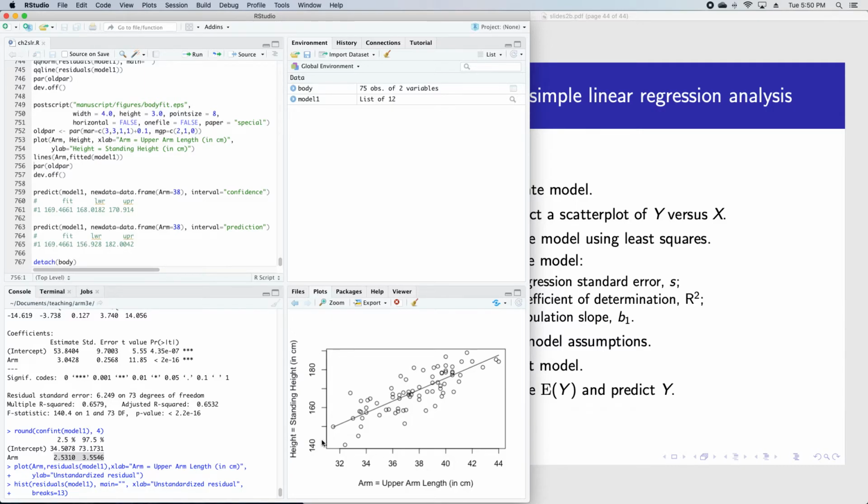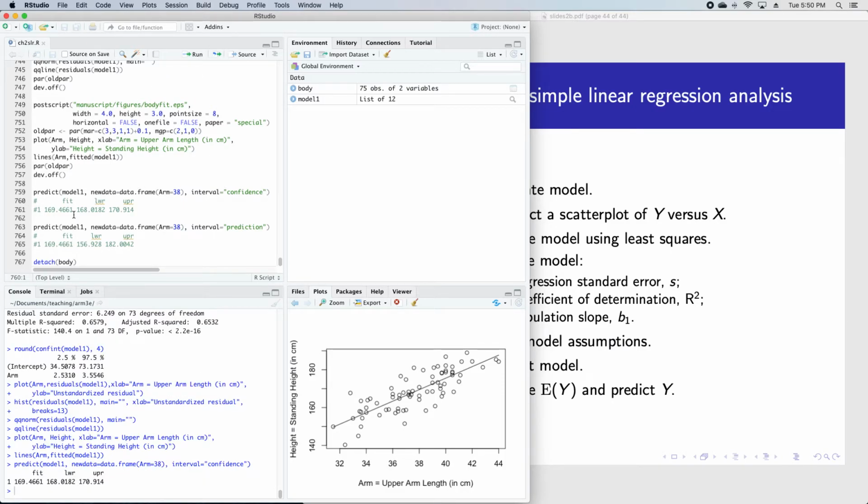What would their average height be? So that's going to be a confidence interval for the mean, and we're 95% confident that the mean height for those individuals with arm lengths of 38 centimeters would be between 168 centimeters and 170.9 centimeters.